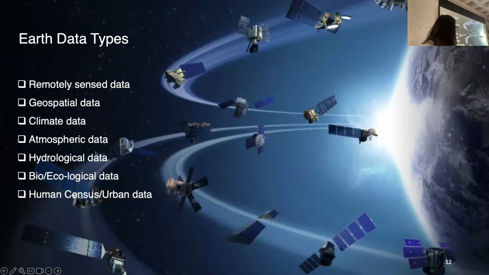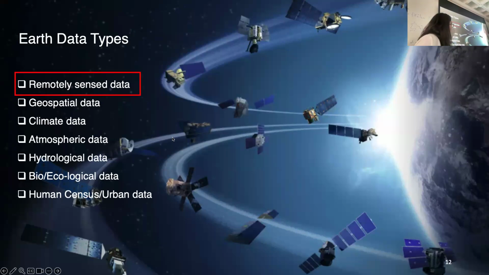Climate data, atmospheric data, hydrological data, bioecological data, and human census data set and urban data set. So based on your preferences, you can download this data set and do your analysis with Matlab or any other programming language. If you're using R or Python, you can also do that in your preferred programming language.